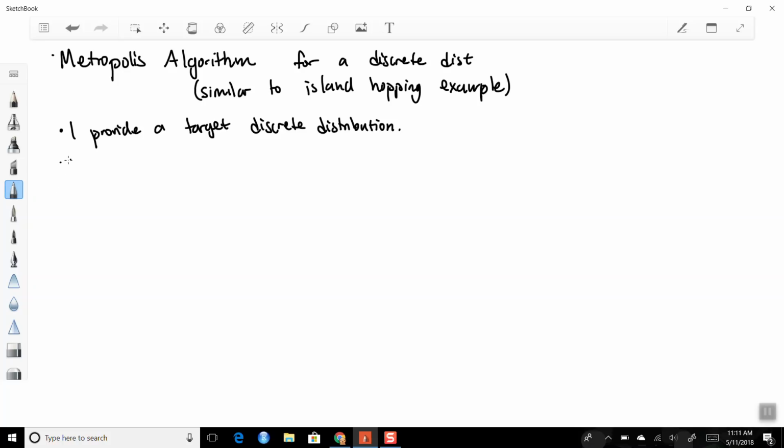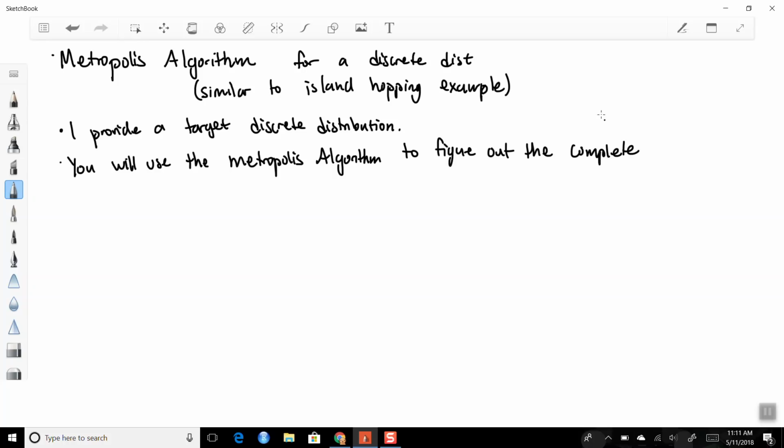And then you will use the Metropolis algorithm to figure out the complete transition matrix P. That's going to be the bulk of the problem, and then maybe I'll ask you to do some multiplication with this transition matrix.